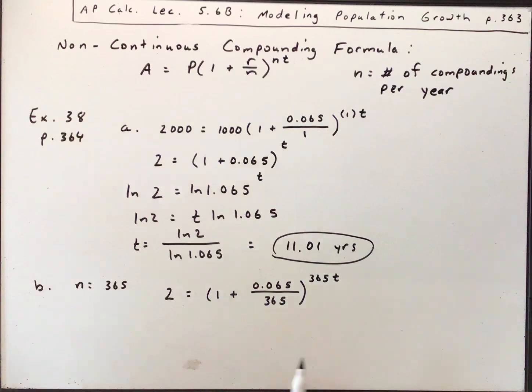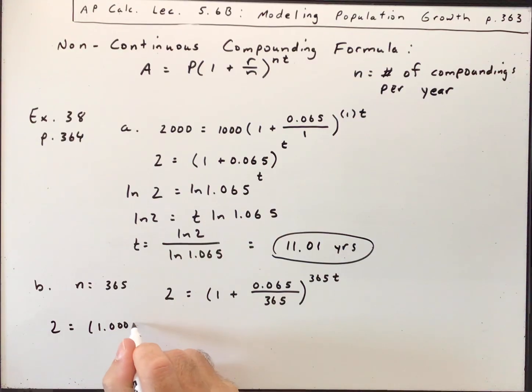Okay, so 2 is equal to (1 plus 0.065 over 365) to the 365t. If you put that in your calculator, that is 1.00018. Do not round that to 1, because you need to take it out until you get at least a couple of non-zero numbers.